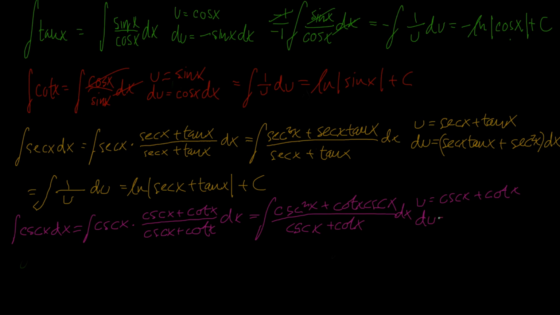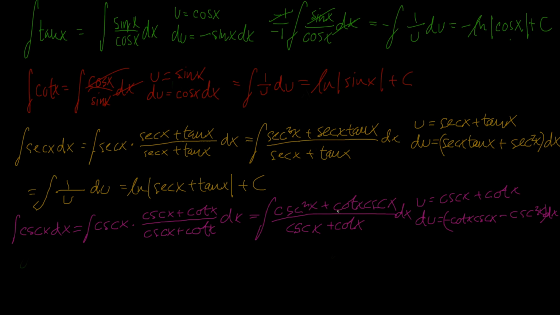And then that also means that my du is going to be the derivative of cosecant x, which is negative cotangent x cosecant x, and the derivative of cotangent x, which is going to be negative secant squared x. Wait, minus cosecant squared x, and then I pop my dx over here.